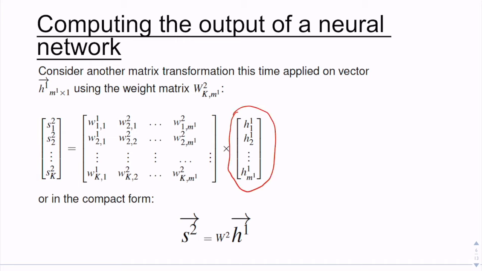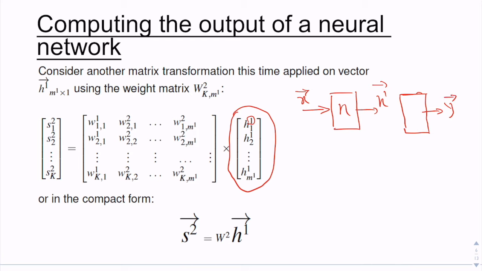This one shows the first hidden unit, and H denotes the output of the first hidden unit. So we have the input feature vector, we have the first hidden unit, and the output of this unit is the vector H1. Now we want to apply another transformation, another layer. This is the output layer, and then we get our output vector for one particular sample.